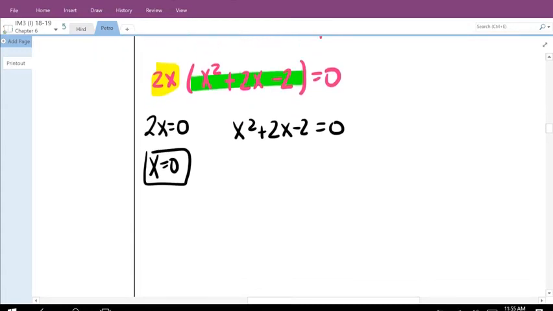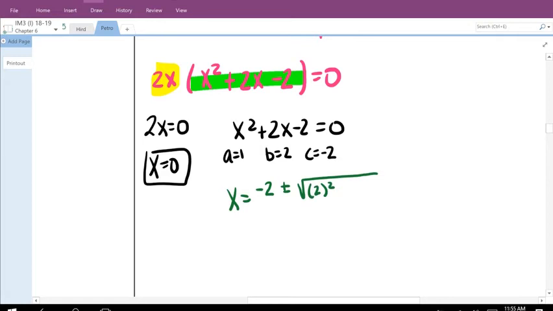Okay, so remember, my A value is 1, my B value is 2, and my C value is -2. And we're going to use that quadratic formula. So here we go. X is equal to the opposite sign of B, which is -2, plus or minus the square root of 2 squared, because that's B squared, minus 4, that's part of the formula.